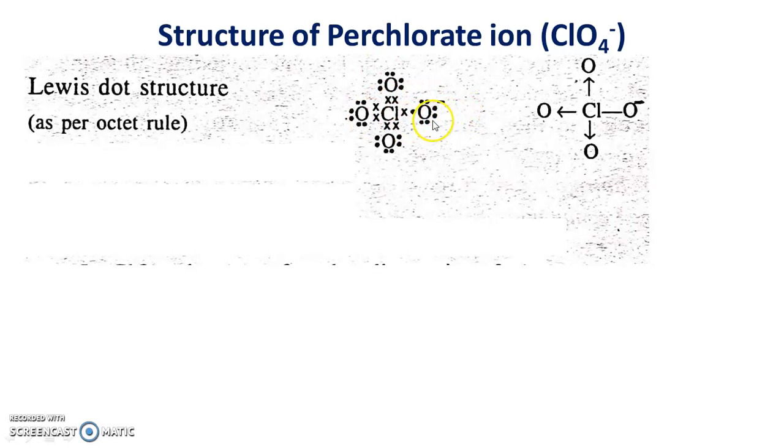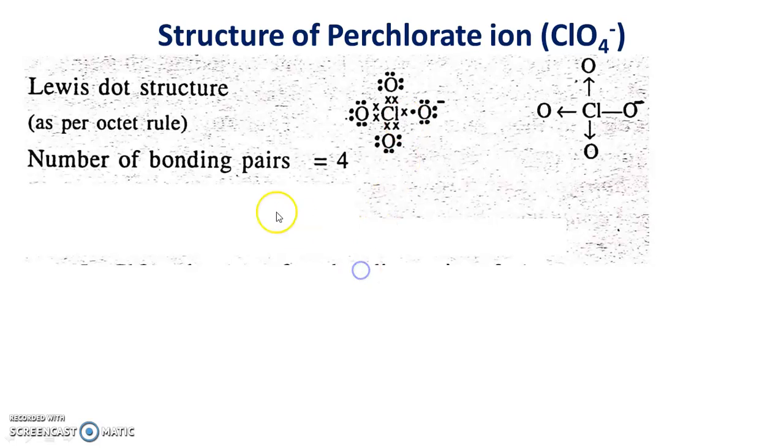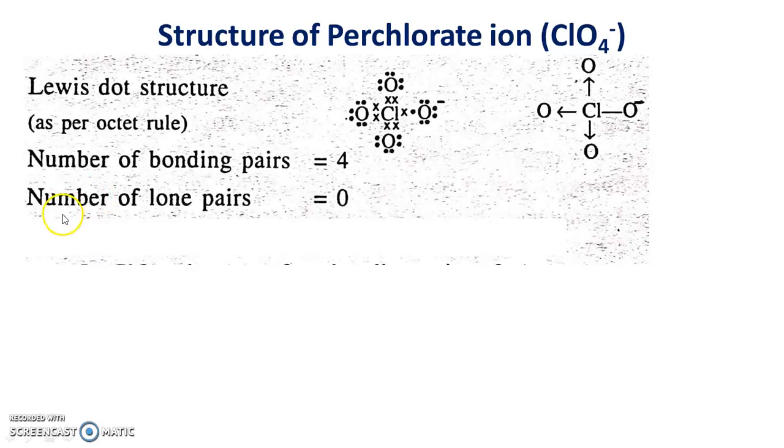Now here one of the oxygen carries negative charge, and here the total number of bond pairs is 1, 2, 3, 4 and lone pairs is 0. So the number of bonding pairs equals 4 and the number of lone pairs equals 0.